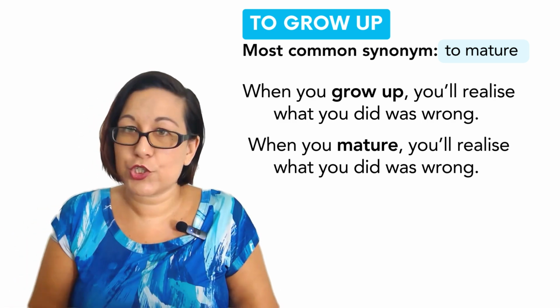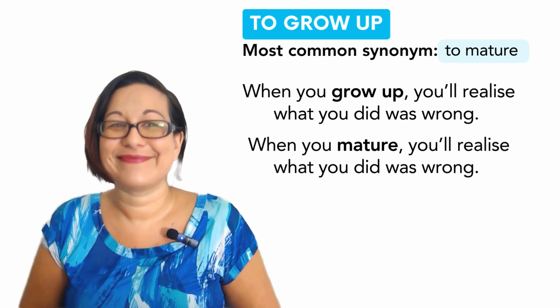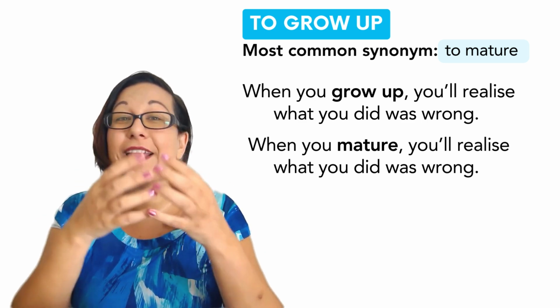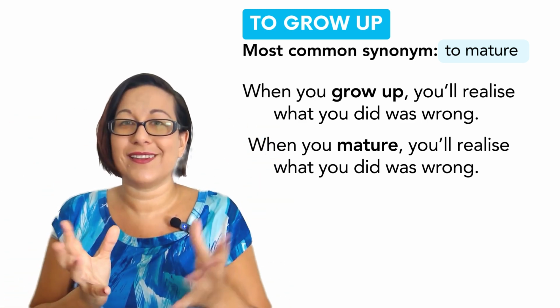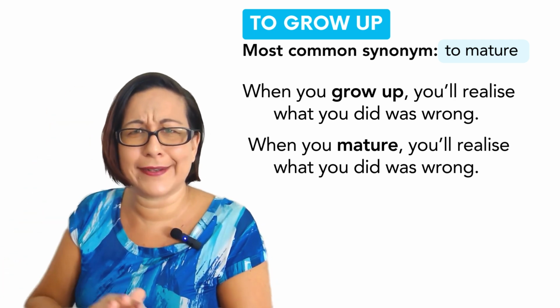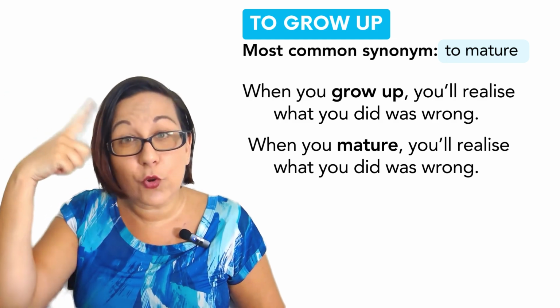When you mature, you'll realize what you did was wrong. So we are highlighting the way that you view the world, not that you're going to become taller and then you're going to realize what you did was wrong. No, it's your mentality.